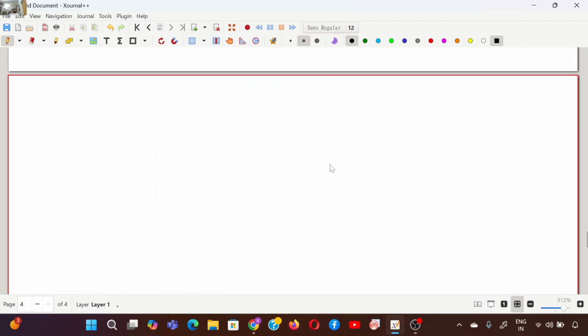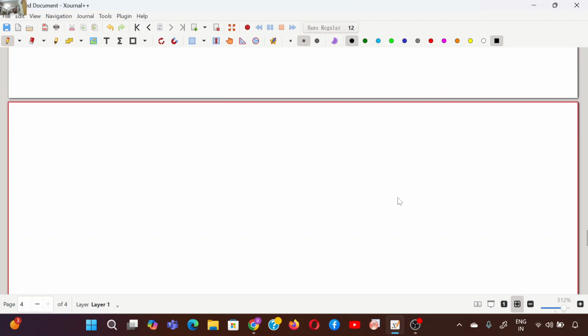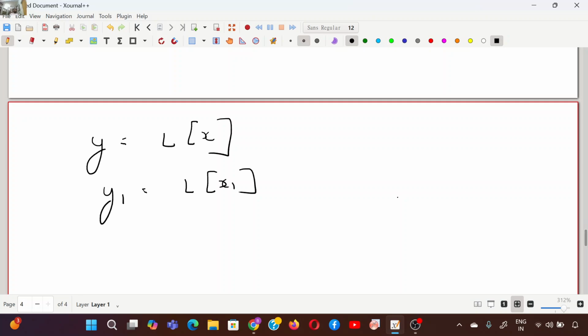Okay, so when I was talking about the nonlinear V dot del V term, what does nonlinear mean? This is a question you may have. Imagine there is some operator L operating on X, that is Y. It could be some differential form, some algebraic form, whatever. So Y1 is equal to L of X1, Y2 is equal to L of X2.